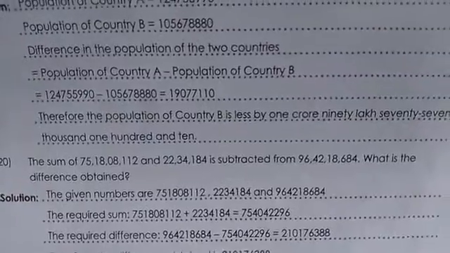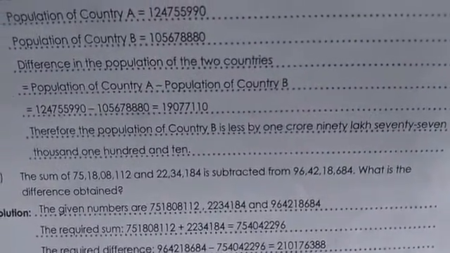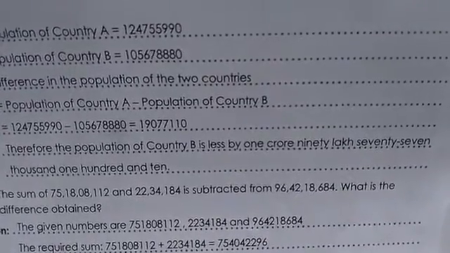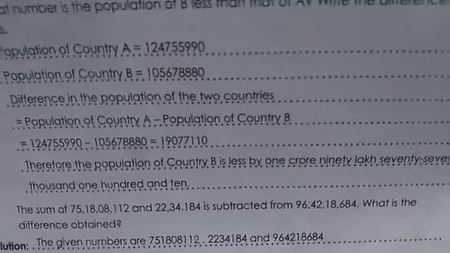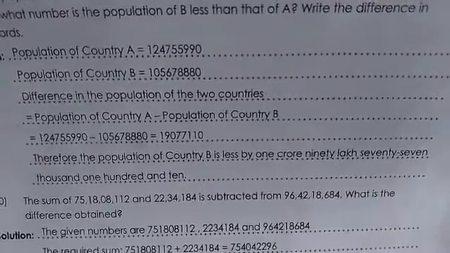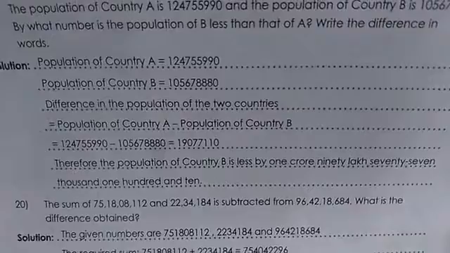Therefore, the population of country B is less by 1,90,77,110. Okay children, I hope it's very clear. In the next class we will discuss the 28th problem onwards.